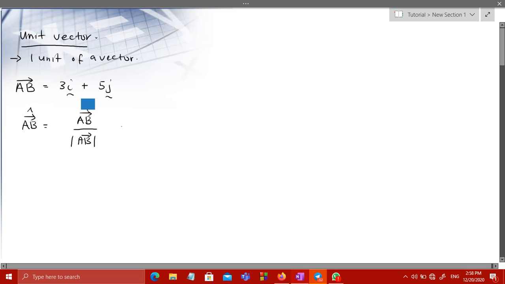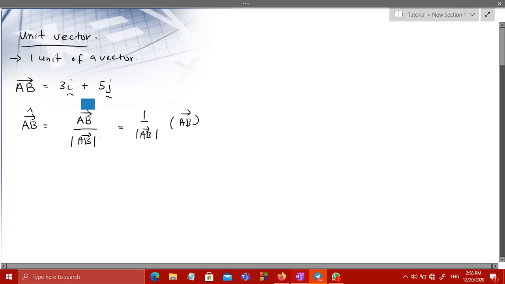Or sometimes you look at some book written as 1 over magnitude times the vector AB.